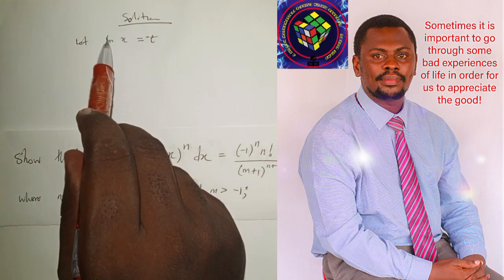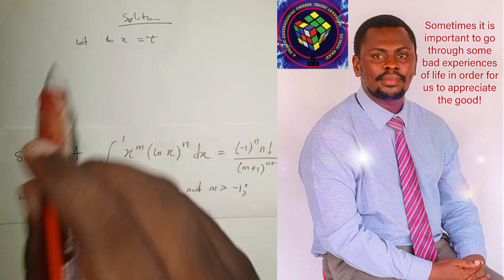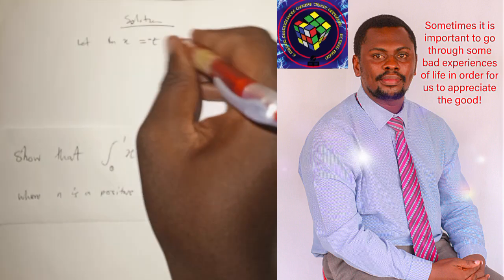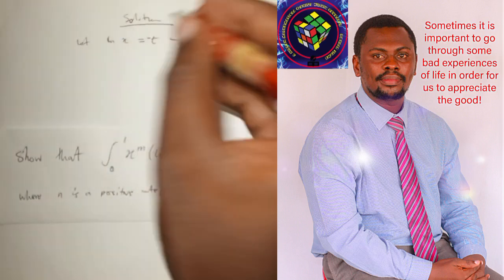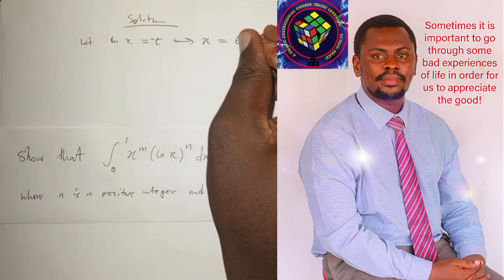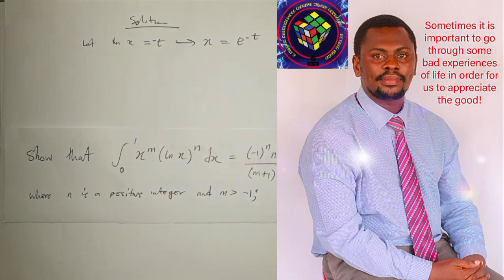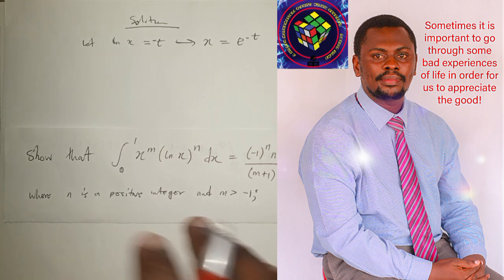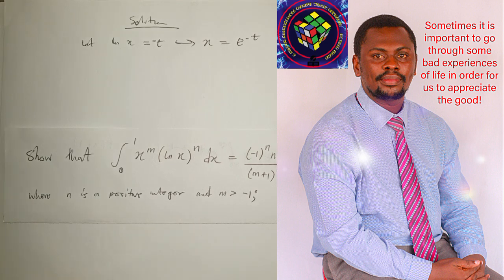When we introduce the exponent this side, we remain with x. So x is equal to exponent of minus t. Where there is x, we are going to put exponent of minus t.